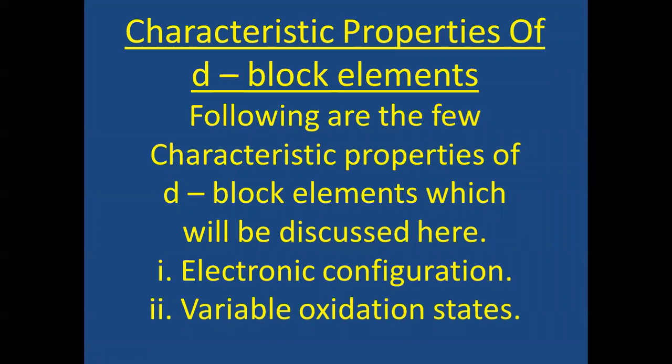Let us consider the characteristic properties of d block elements. What is the meaning of characteristic properties? These are properties that particularly belong to d block elements. A few of them I have listed here: first, electronic configuration.